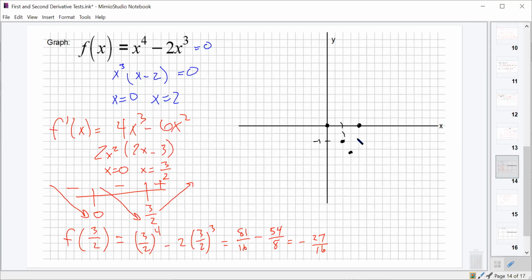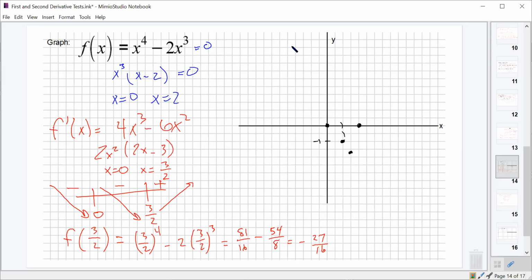And now it may not seem like we're ready to graph this. We've only got 4 points plotted, but I think we have enough information. So we know, just on our basic knowledge of 4th degree functions, if the a value in front of the x to the 4th is 1, it's going to look like this in some degree, right? It's going to be going up to infinity, both to the left and to the right.